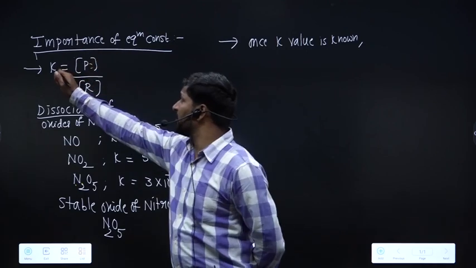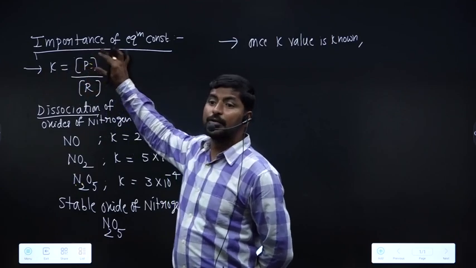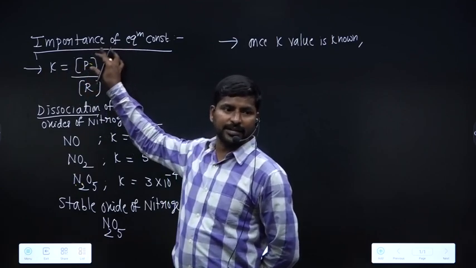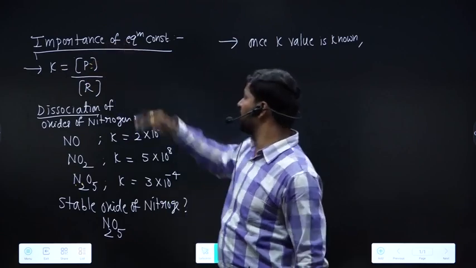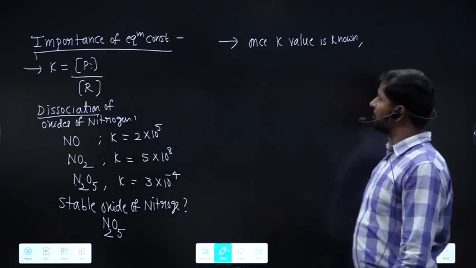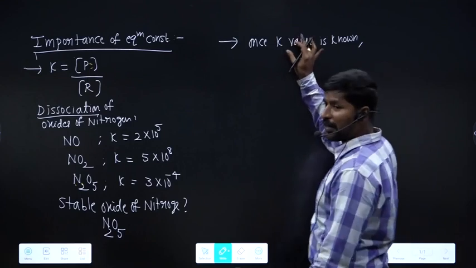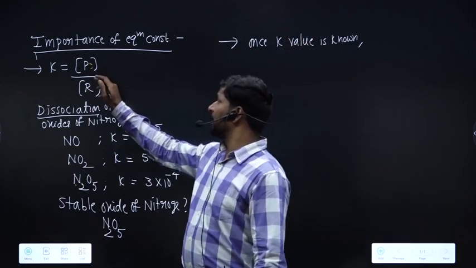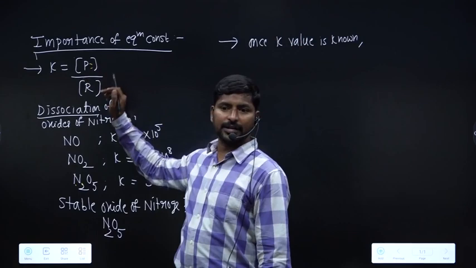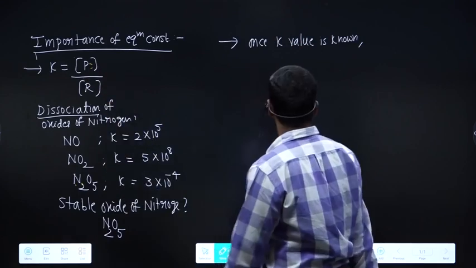So if K is known to us, we can calculate equilibrium concentrations of reactants and products. Later we'll discuss a problem for this. So if K is provided, what can we calculate? Equilibrium concentrations of reactants and products.